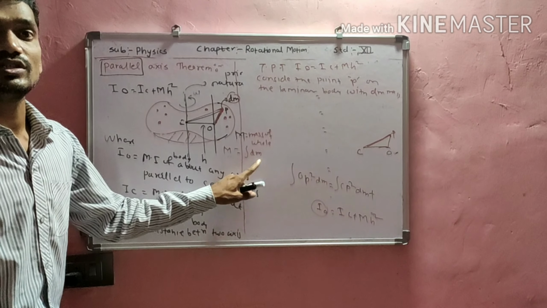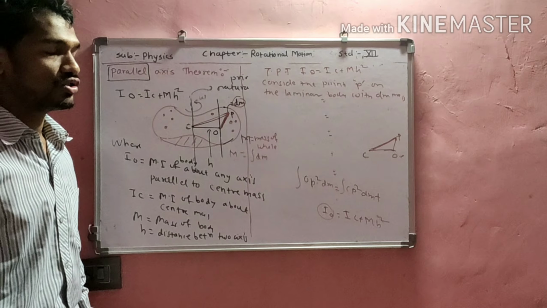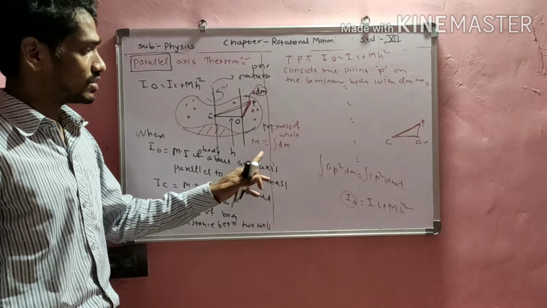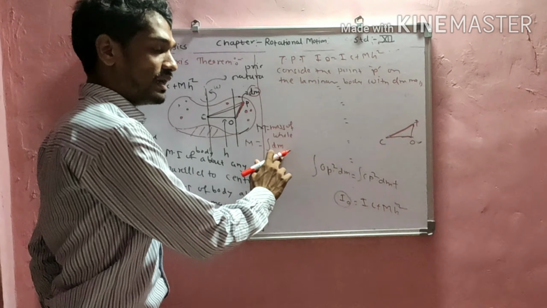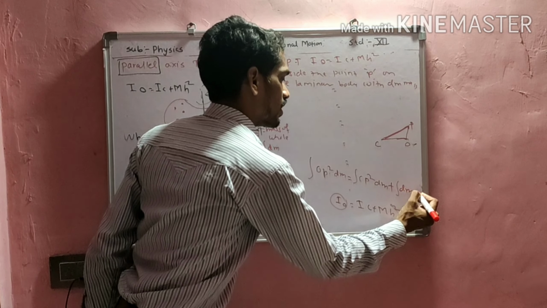because integration and summation are both the same. For integration we use a continuous distribution, whereas for summation we use a discrete distribution. There is a continuous distribution, that's why capital M should be integration of dm. So instead of capital M we can write integration of dm times h square.